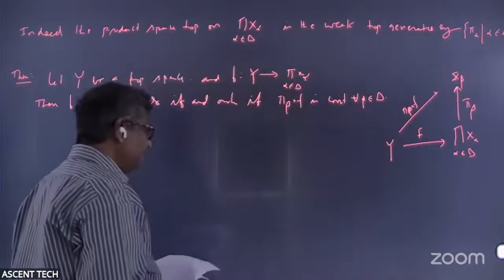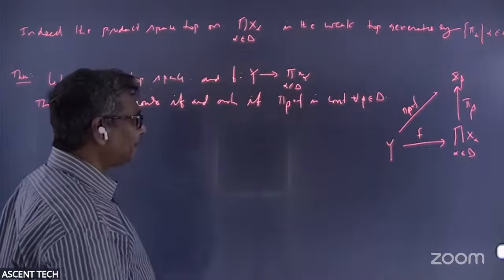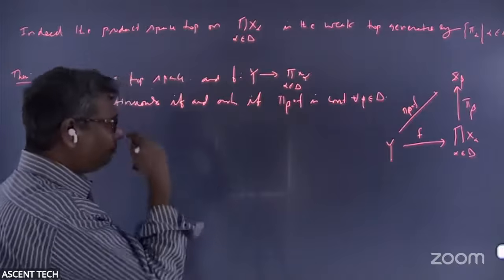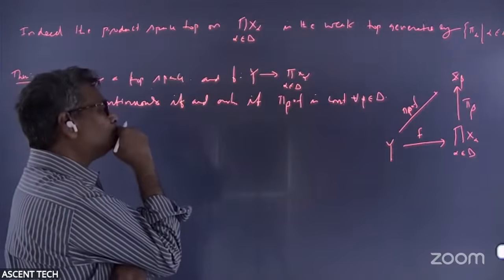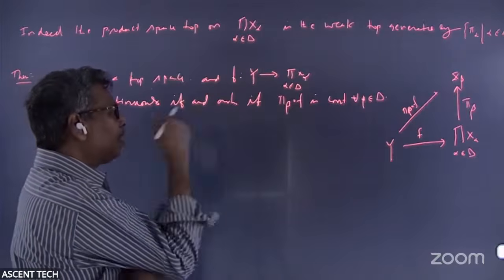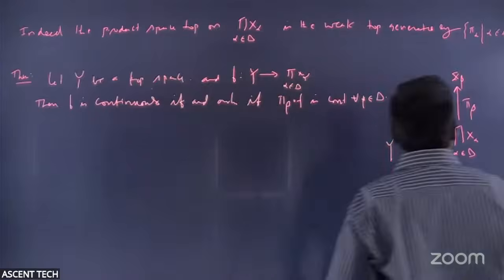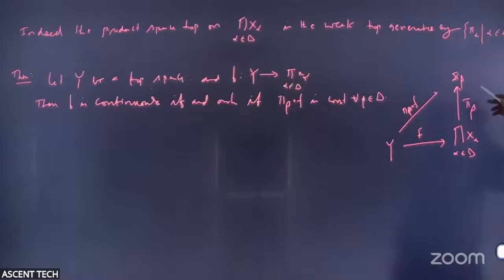Maybe we'll write a proof. Why not? Anyway, if you take an open set in X beta, that open set pulls back to an open set here. If f were continuous, it pulls back to an open set here.